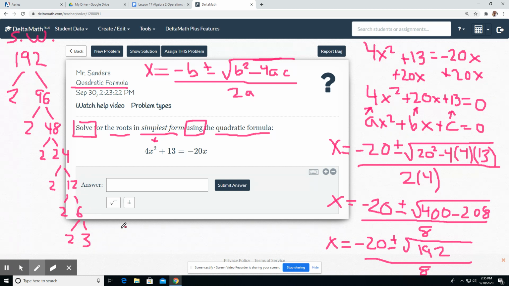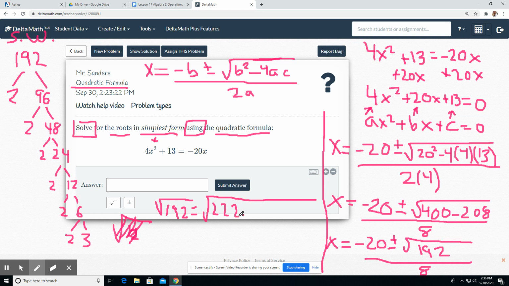So for my side work, the square root of 192 is equal to all of these prime factors underneath it. That's how many 2's? 1, 2, 3, 4, 5, 6, times 3. Each of these is being multiplied together.